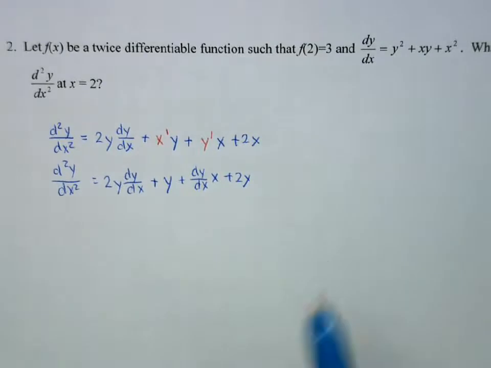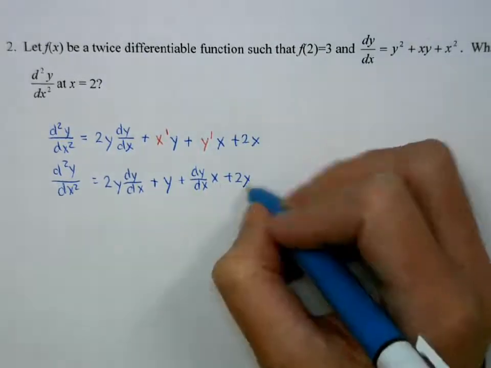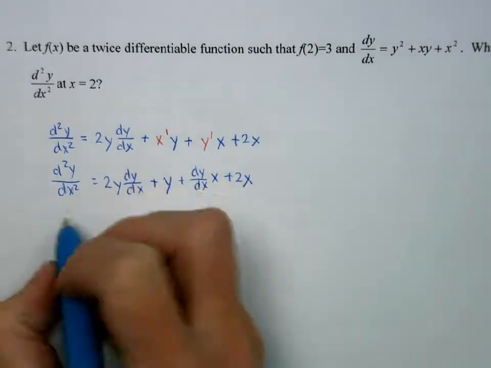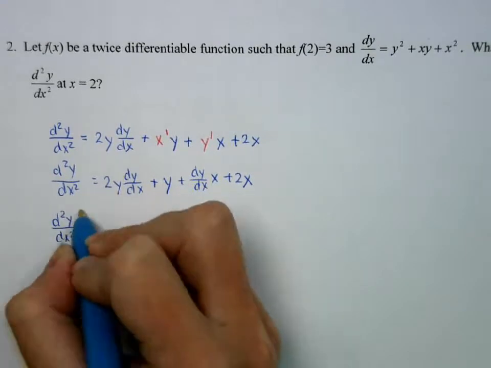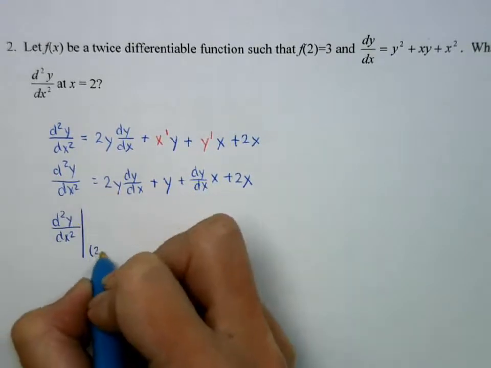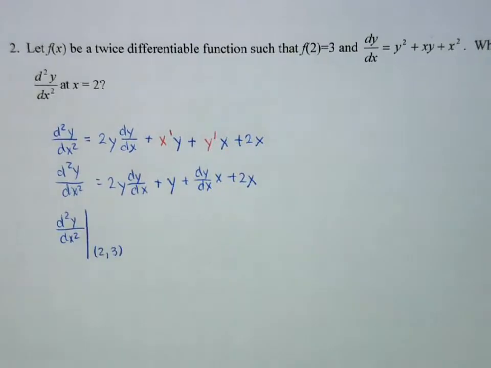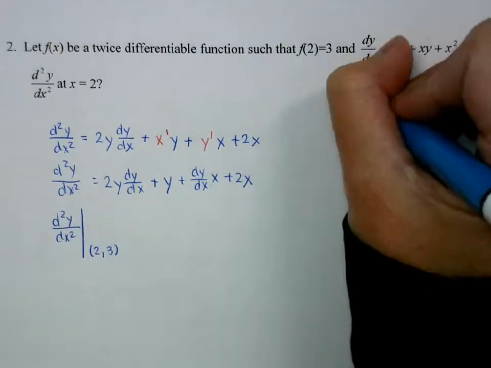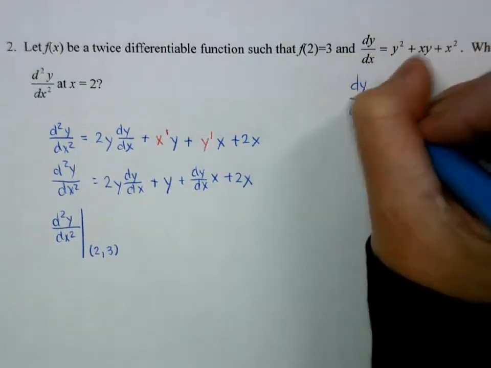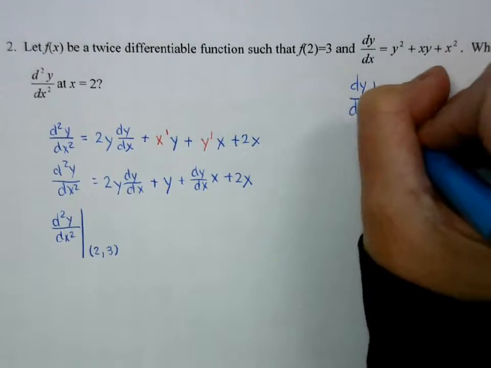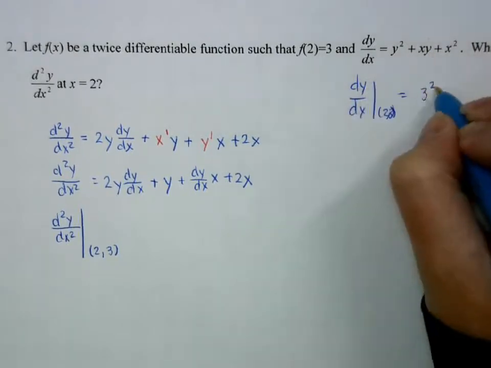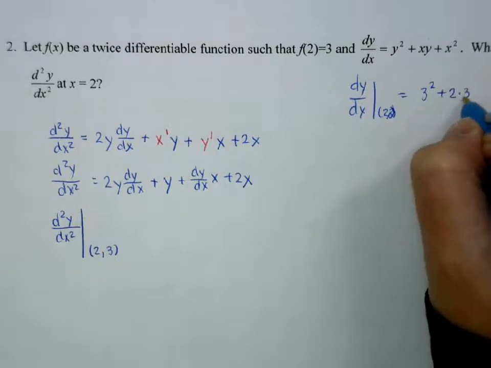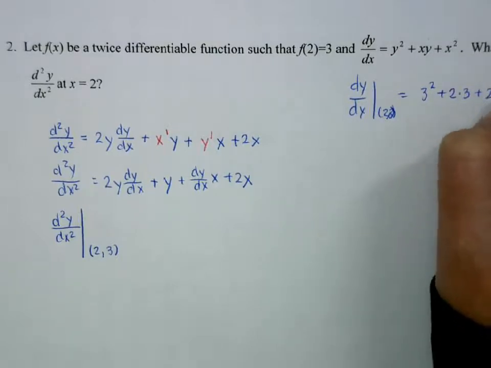Now at this point you can either replace in our dy dx or just evaluate it separately. So we found the second derivative. I'm going to evaluate it at the point (2, 3). dy dx at (2, 3) is going to be 3 squared plus 2 times 3 plus 2 squared.